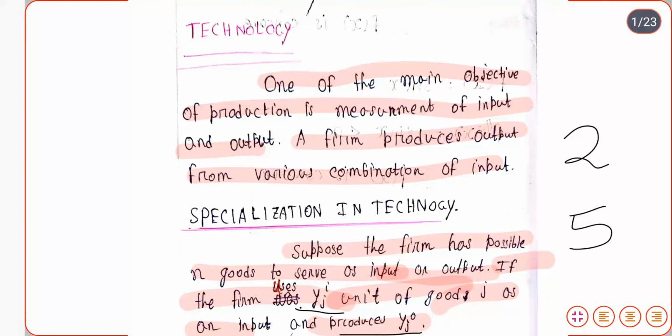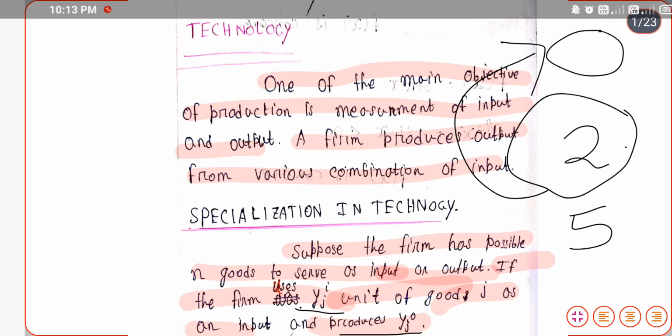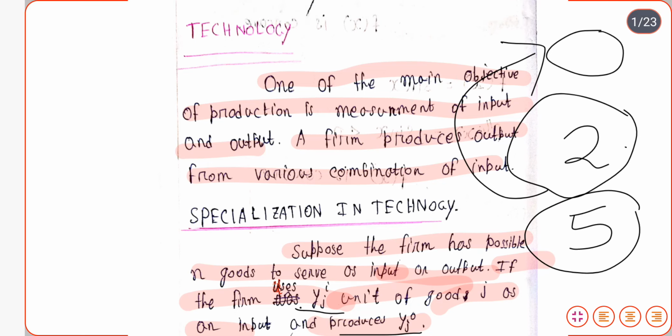That means the cost of 2 packets of biscuit goes again into the production process, so it is considered input, and these 5 units being produced are considered output.